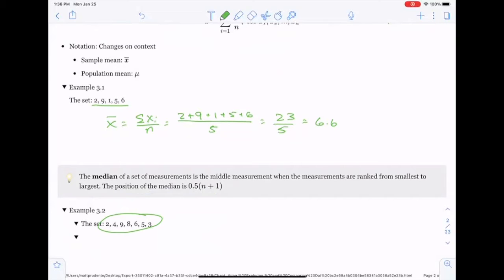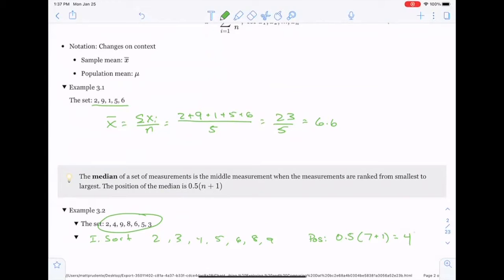First, I would have to sort the data. So the first step is really to sort it. I'll get 2, 3, 4, 5, 6, 8, 9. There are 7 pieces of data. So the position of the median is going to be 0.5 times 7 plus 1, or 7 plus 1 is 8, so 0.5 times 8 is 4.